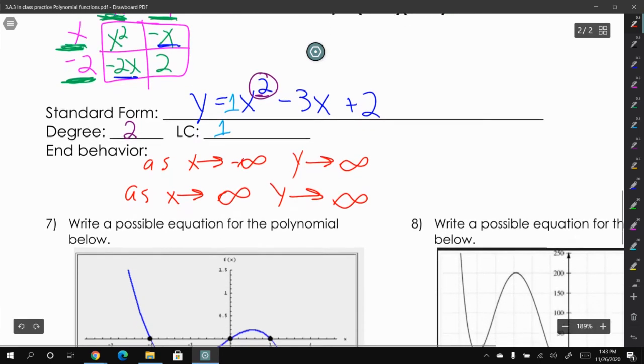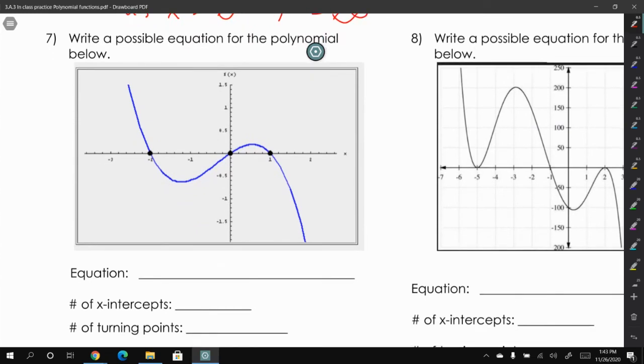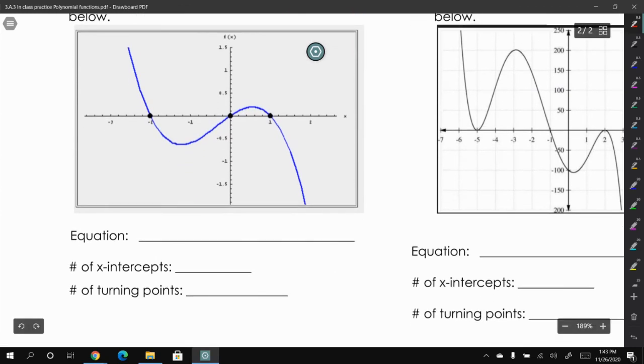All right, then number 7, write a possible equation for the polynomial below. So again, we're looking at this and saying we have an x-intercept there, and there. And the right side's going down, so I know my leading coefficient must be negative.